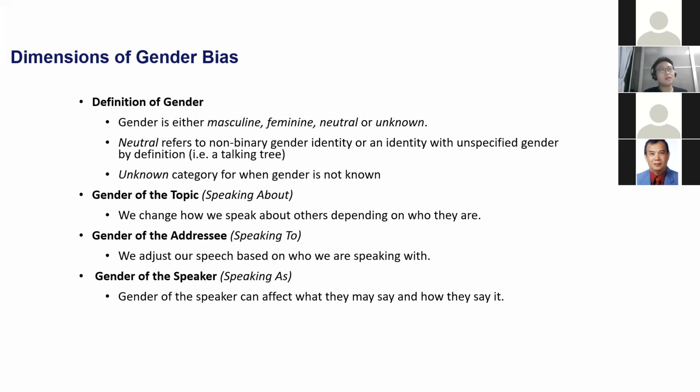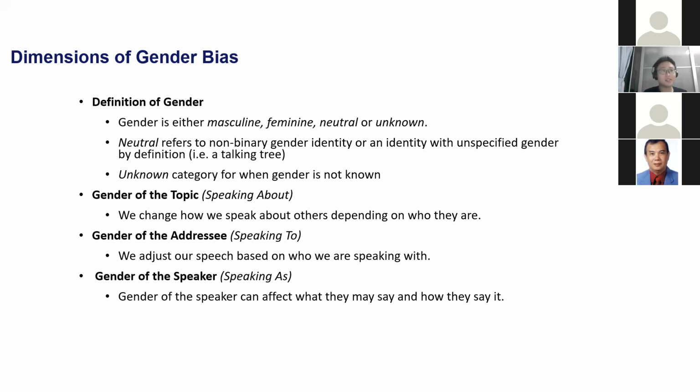So gender is either masculine, feminine, neutral, or unknown. Neutral refers to non-binary gender identity, for instance someone who identifies as both male and female, or an identity with unspecified gender by definition.